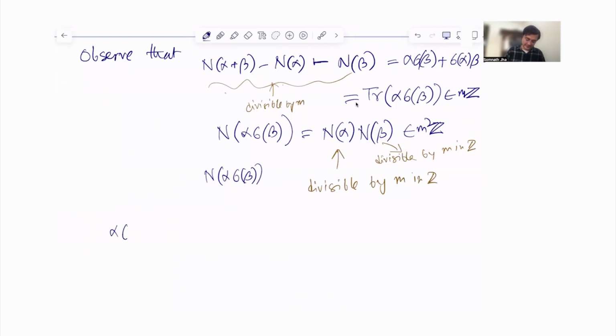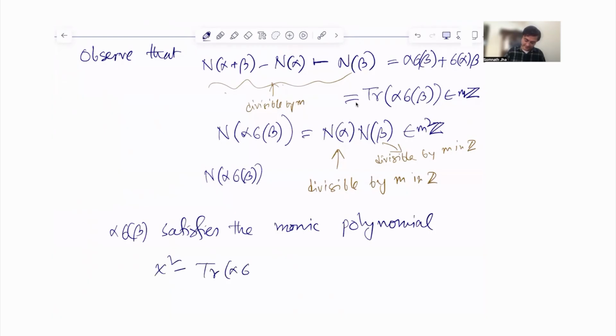So alpha sigma beta satisfies the monic polynomial x squared minus trace of alpha sigma beta into x plus norm of alpha sigma beta equal to 0 over Z. Okay.